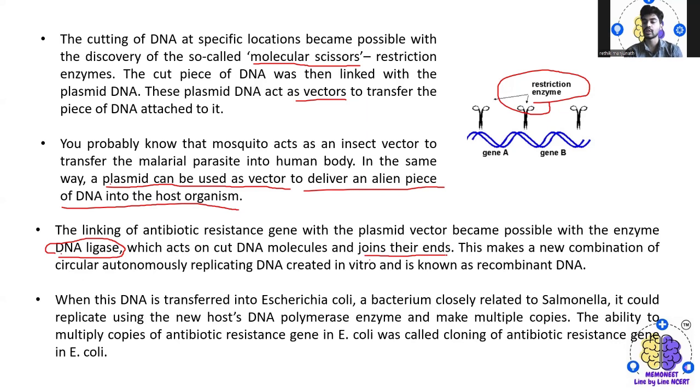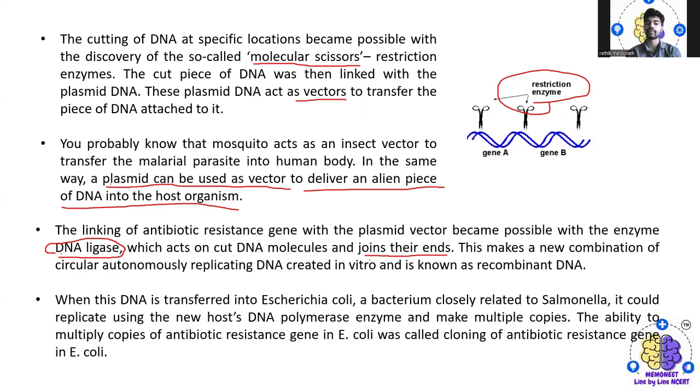So this makes a new combination of circular, autonomously replicating DNA created in vitro, which is called recombinant DNA. When the DNA is transferred into E. coli, a bacterium closely related to Salmonella, it could replicate using the new host's DNA polymerase enzyme and make multiple copies.